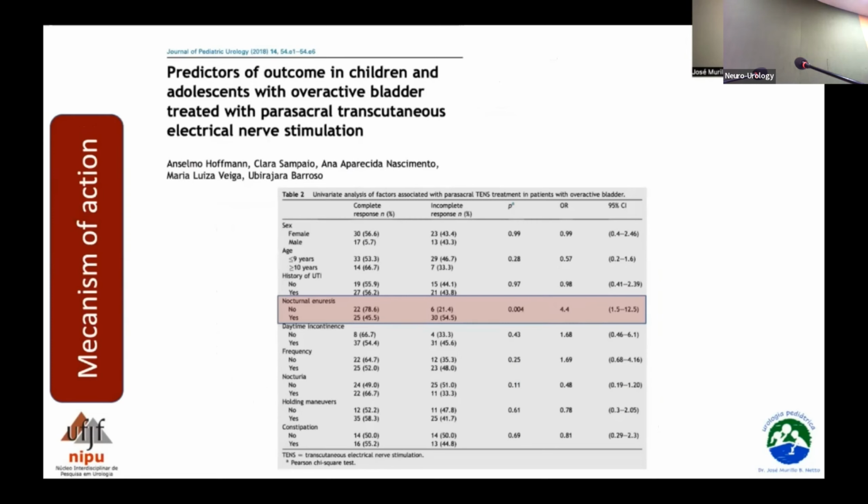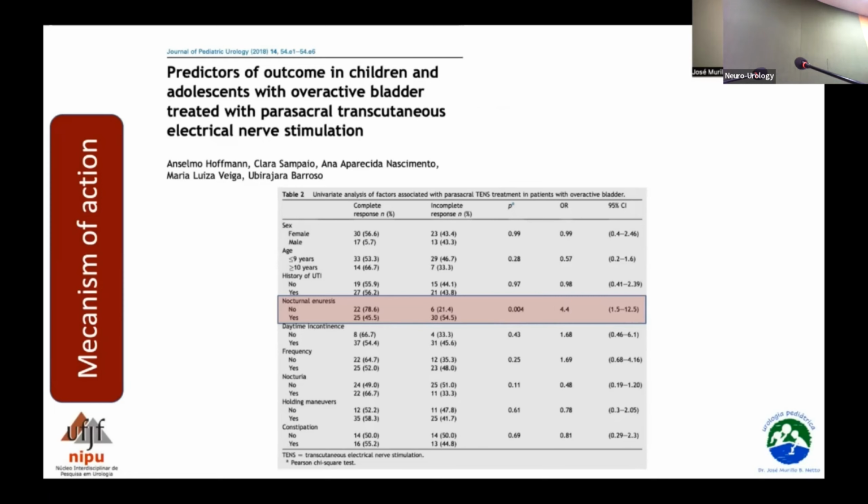Some things were studied to check the predictors of outcome in children and adolescents with overactive bladder. And what we saw was that sex, age, history of UTI, daytime incontinence, frequency, nocturia, hold maneuver, constipation were not predictors of improvement.